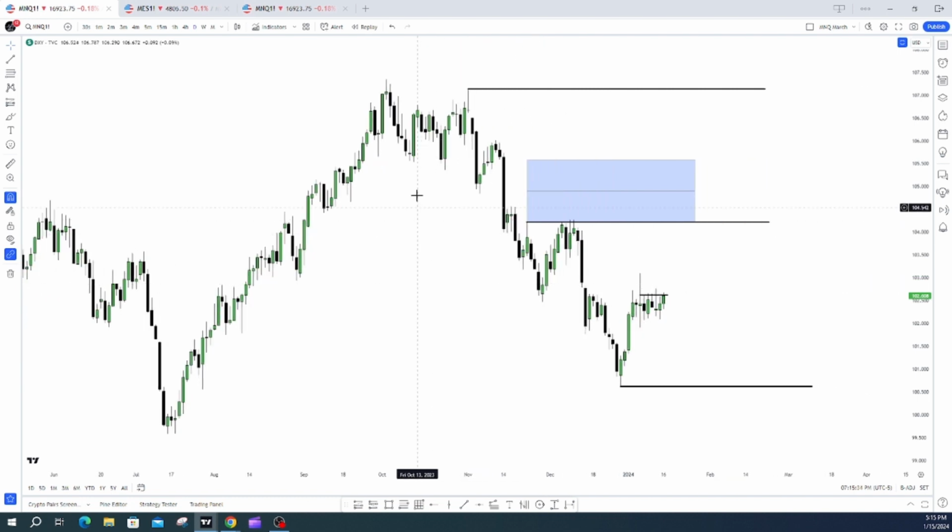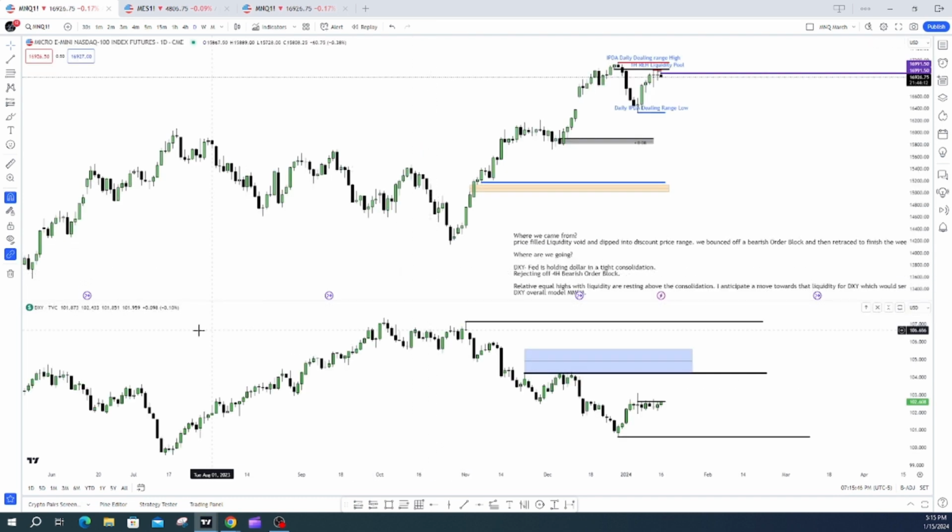And as we looked at in the Nasdaq, the dollar index is diametrically opposed to stocks or indices. As you can see, this is the dollar index, and then this is the Nasdaq 100 futures. You can see that as this moves lower, this is moving higher. So we want to see that correlation continue.